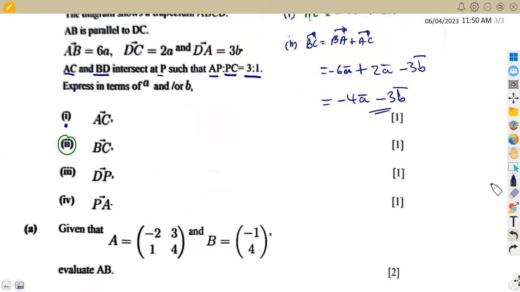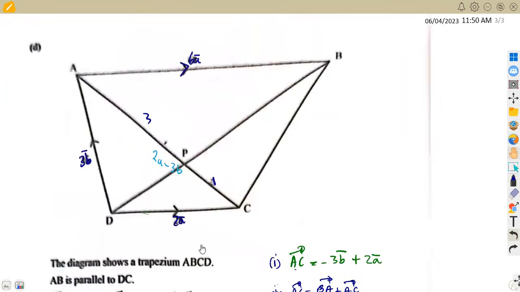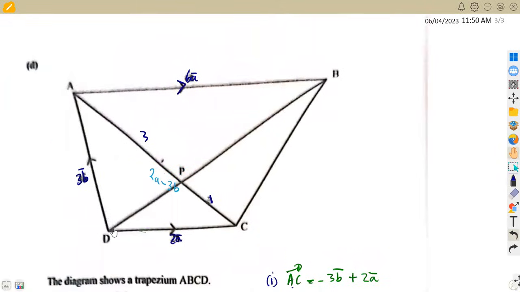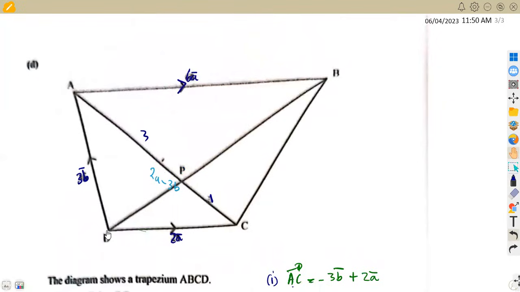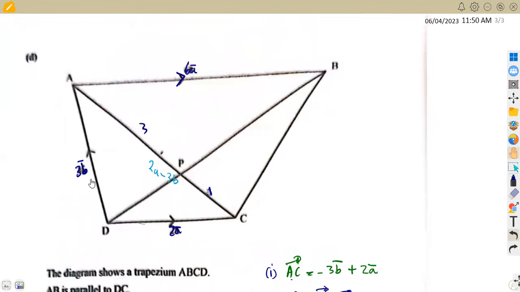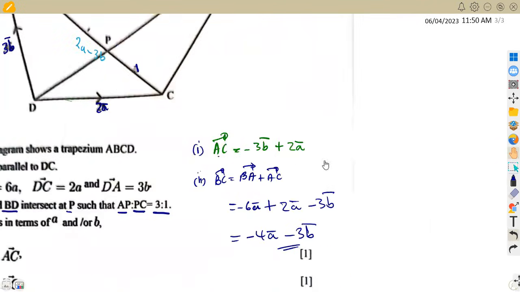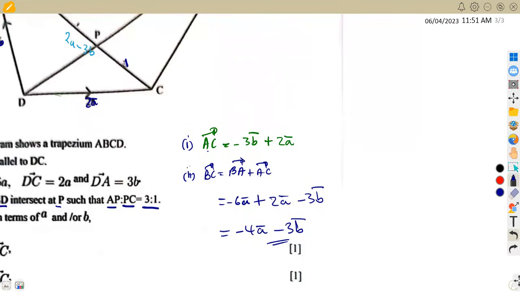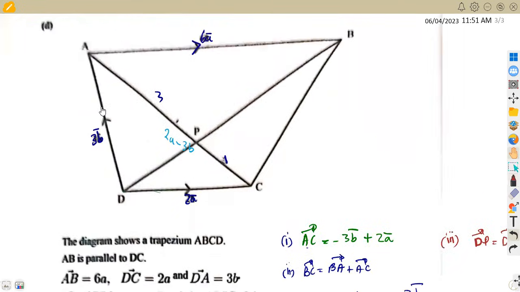Then we've got DP, D to P. Let's check from our diagram, D to P, this one. Is it 1 mark with these calculations? So from D to P, we can find from D to A and A to P. DA plus AP. I don't know if there is another route because this can't be 1 mark. Anyways, maybe they just wanted to balance their marks. Like I said, D to A and A to P, or you can use DC plus CP.